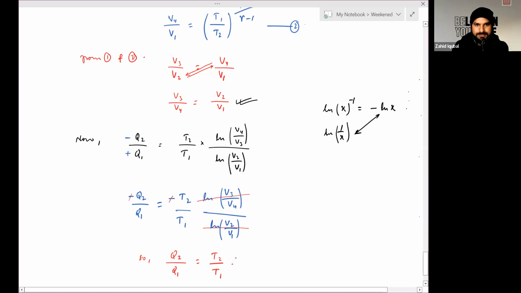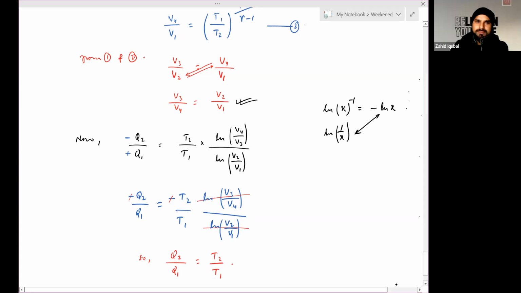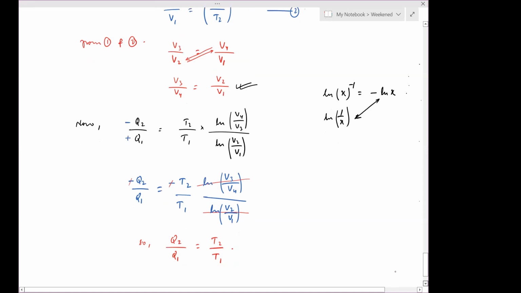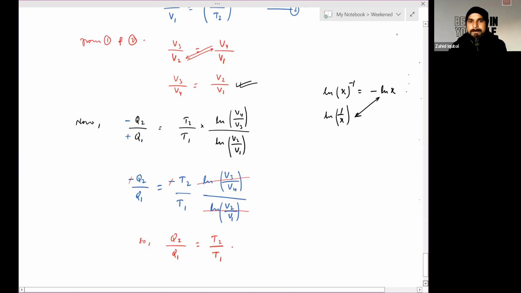Is it clear? Yes, sir. Any doubt? Please explain from the sign part why we take the minus. In the sign convention I defined in the first class for heat, if it is being supplied to the system, we take a positive sign, and if it is being ejected out from the system, it will be taken as negative.